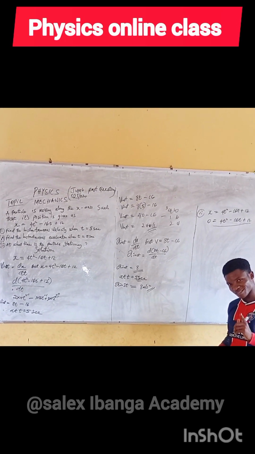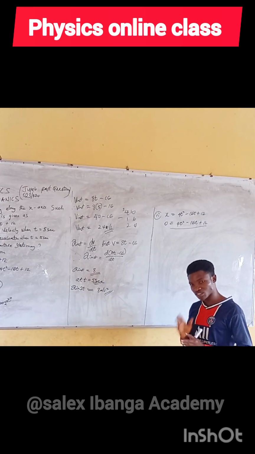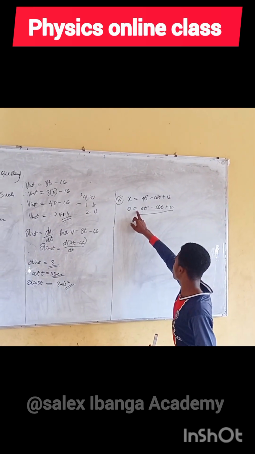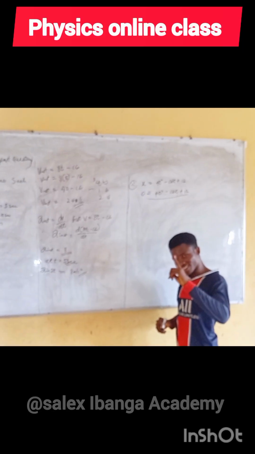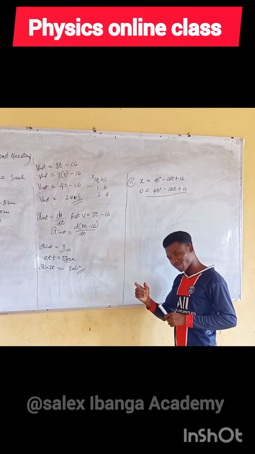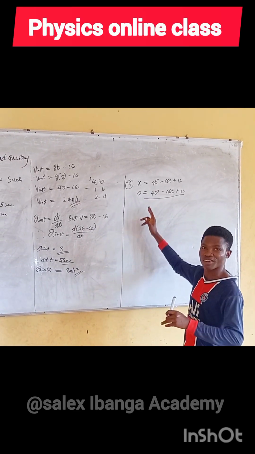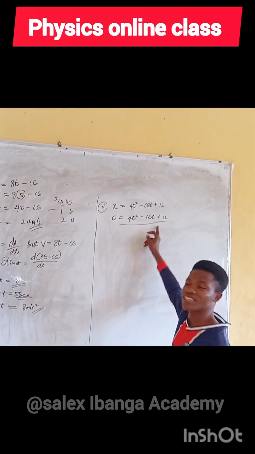Then when it is at rest, remember that the particle's s is 0. So 0 equals the whole of this. Remember, in our first class I brought up a topic called quadratic equation, and if you look at this question, this is a quadratic equation.